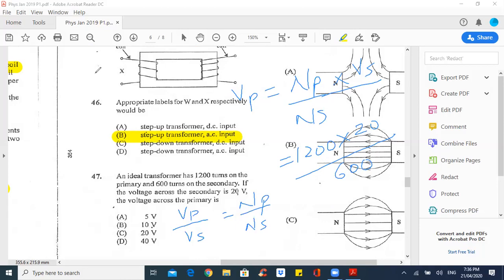When we calculate 1200 multiplied by 20 divided by 600, 40 is the answer. So A is 40 volts.